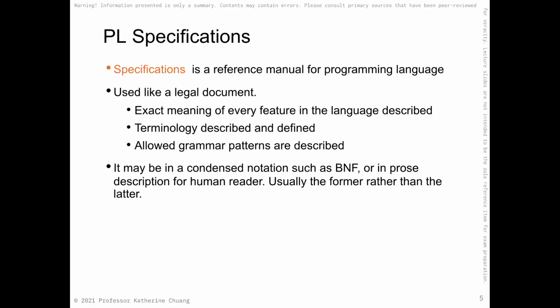So every programming language out there should have a specifications document, especially if it's a mainstream language such as Java, C, C++. All these different languages that you have been exposed to so far all have specifications. Python, JavaScript, they all have their own. And this specifications document should be treated like a legal document. It's a reference manual for the programming language, and it describes every single feature of that language.